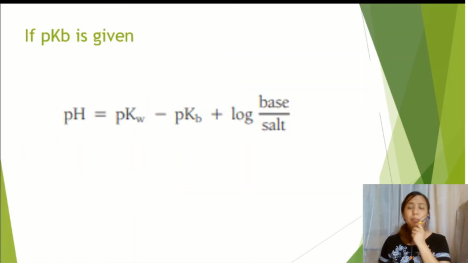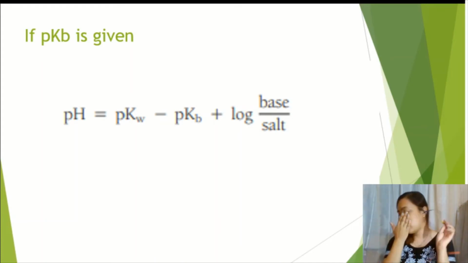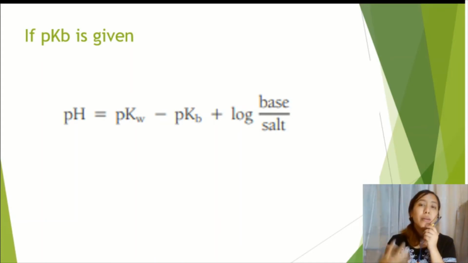But what if pKb is given to you? It's just the same as your pKw is equal to pH plus pOH. It's the same, guys. But what we are talking about here is dissociation, not the concentration of your hydrogen and your hydroxyl ion. So pKb is equivalent to what we solved earlier as pOH.